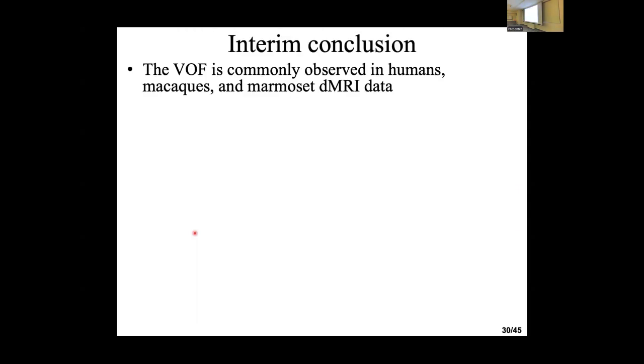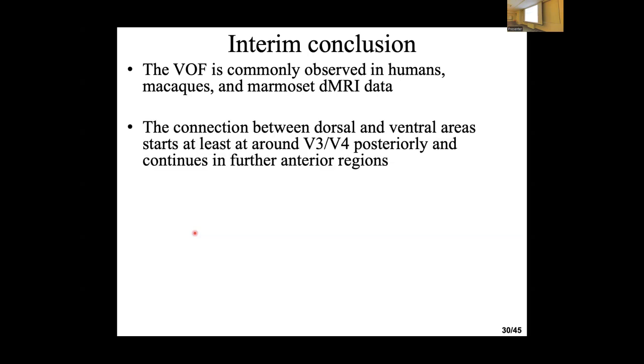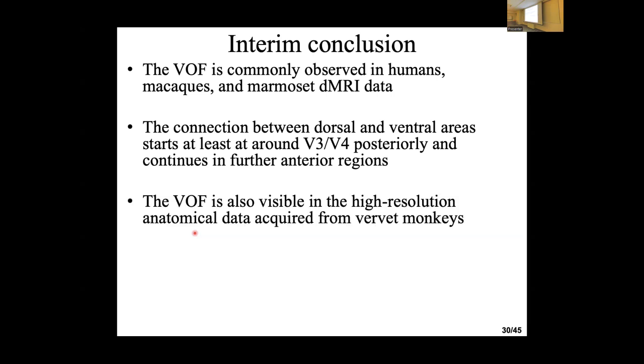So, interim summary here. The VOF is commonly observed in human, macaque, and marmoset diffusion data. It appears around V3, V4 posteriorly, and continues to the further anterior region. Depending on the species, sometimes it branches between the anterior and posterior segments, but in marmoset it looks very continuous. It's also very visible in the high resolution anatomical data from vervet monkey.